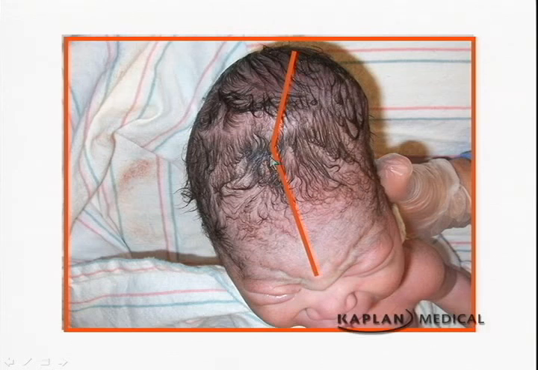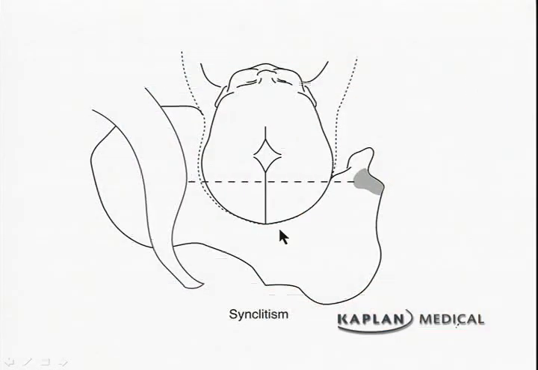See how the molding of the head is off to the side. It should actually be straight on. This baby's head was cocked off to the side. We call this asynclitism. As the head comes through the pelvis, the midline should be in the middle of the pelvis. The middle line of the head, the sagittal suture, and the pelvis should be the same.